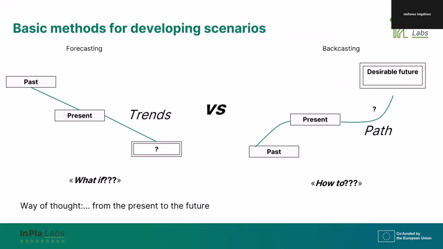But on the other hand, we have the backcasting approach, which gives priority to the way of thought of how we imagine the future, and which are the steps that we need to take to lead us to a future pathway. So they're totally different from one another. Backcasting is more qualitative. And today, our practice would fall into the second category, the category of being creative, not to take trends and prospect the future, but to create our actual trends, our actual new future condition.